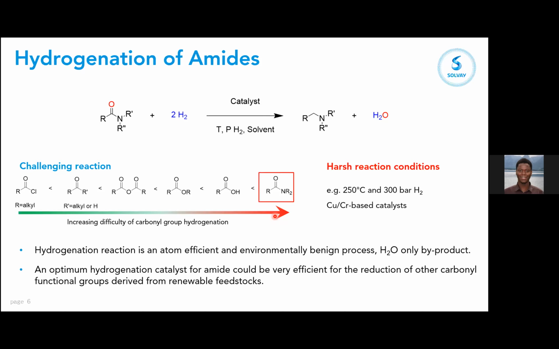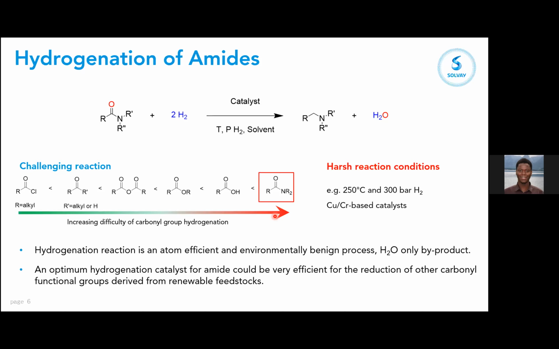In the prior art, there are a few examples which have been reported which can successfully hydrogenate the amide functional group. However, harsh reaction conditions are required for this reaction. Typically, temperatures of more than 250 degrees Celsius and 300 bar of hydrogen pressure on copper or chromium-based catalysts.